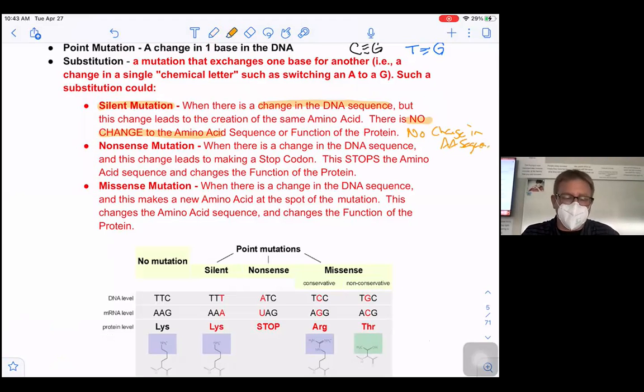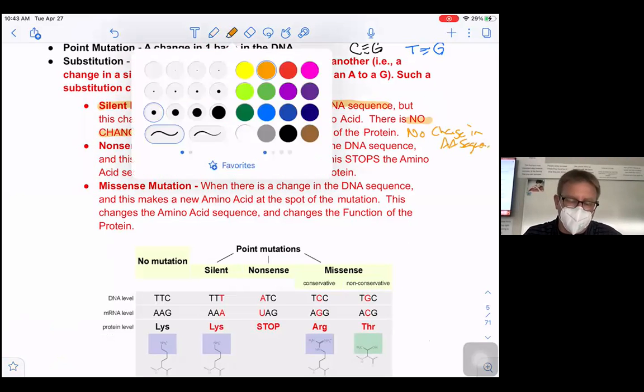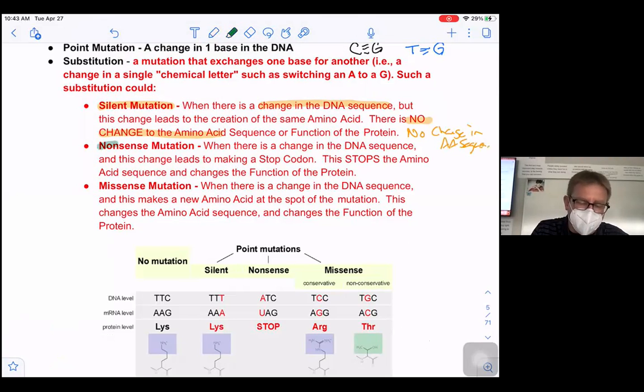The second type of point mutation is a nonsense mutation. In a nonsense mutation, we again get a one-letter substitution, where the change in the DNA sequence makes a stop codon. That stop codon changes everything behind it.